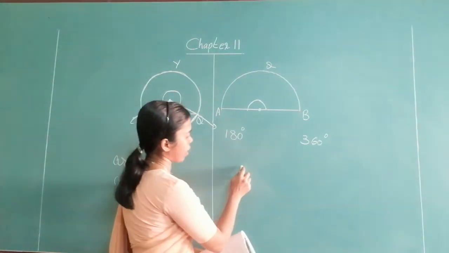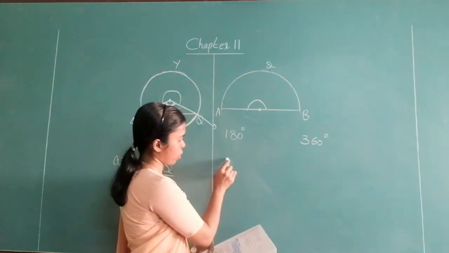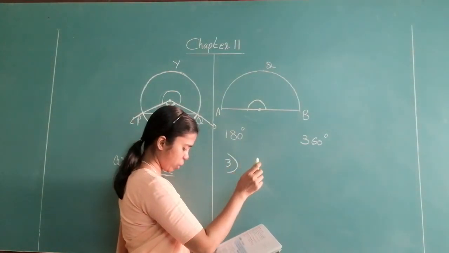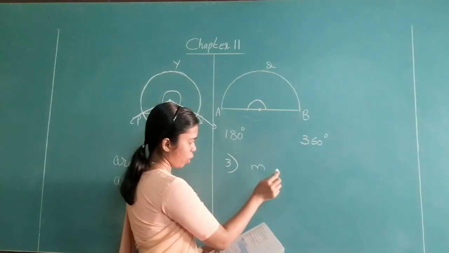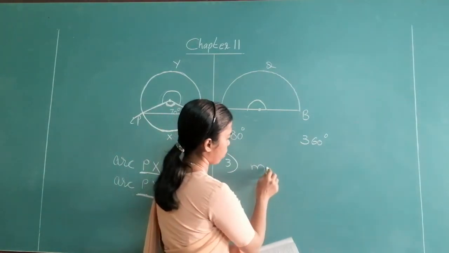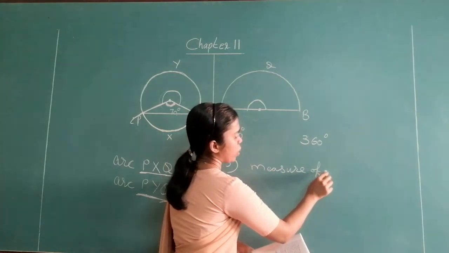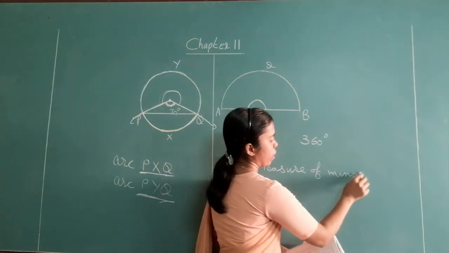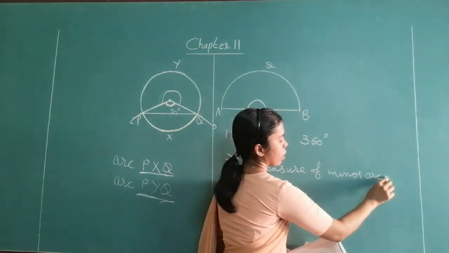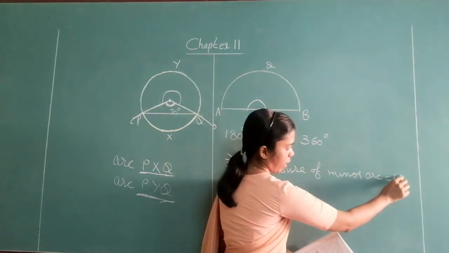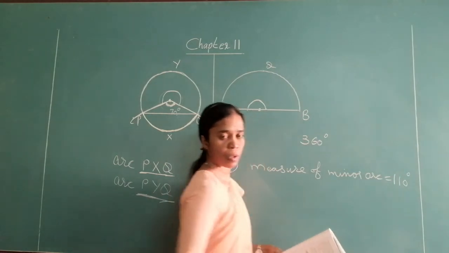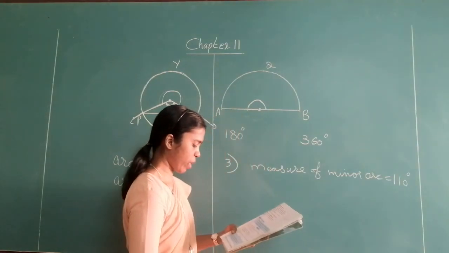You write over there, given. This is question number 3. What is given to you? The measure of the minor arc. Okay. So you write that. Measure of minor arc equal to 110 degrees. Okay. Then what are you supposed to find out?